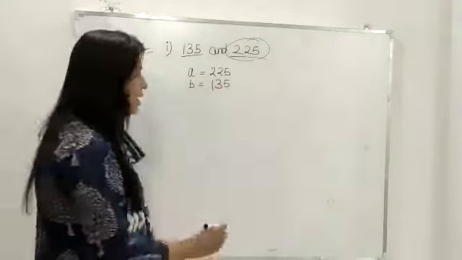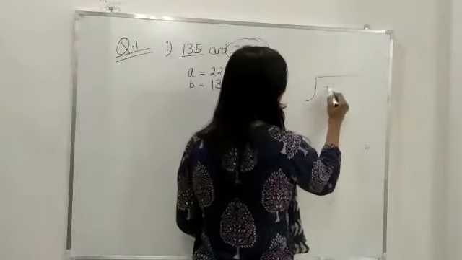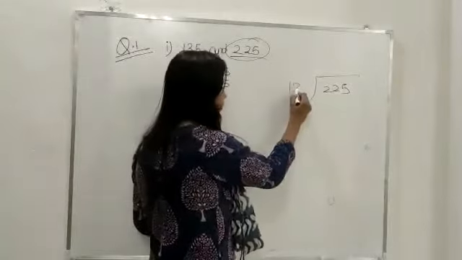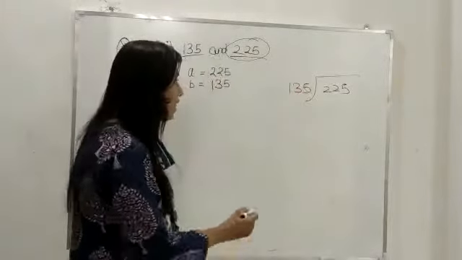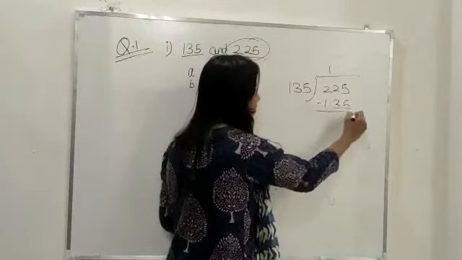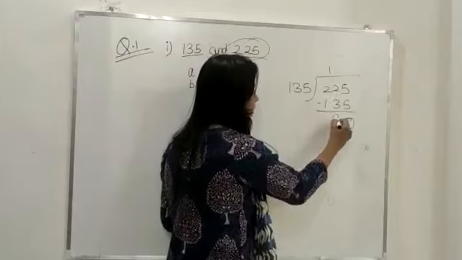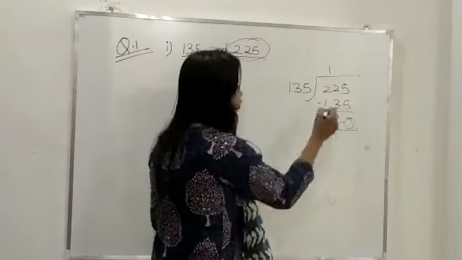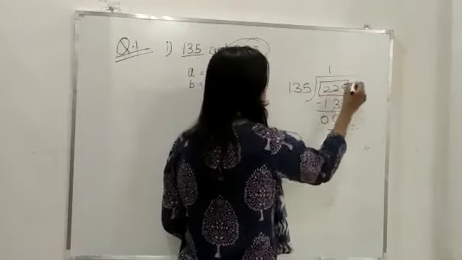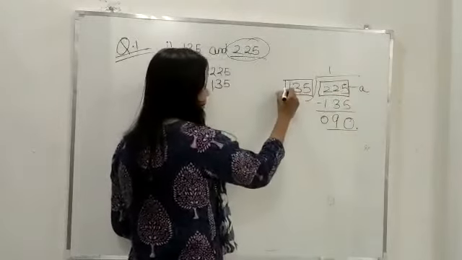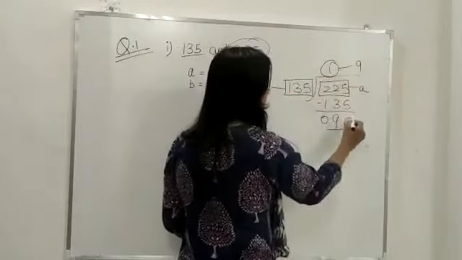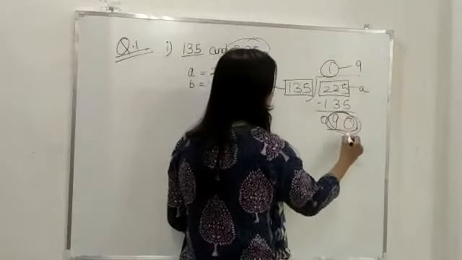Now let's divide 225 by 135. 135 times 1 is 135, minus, we get 90. So your dividend, that is A, is this, your divisor, that is B, is this, your quotient is this and your remainder is this.